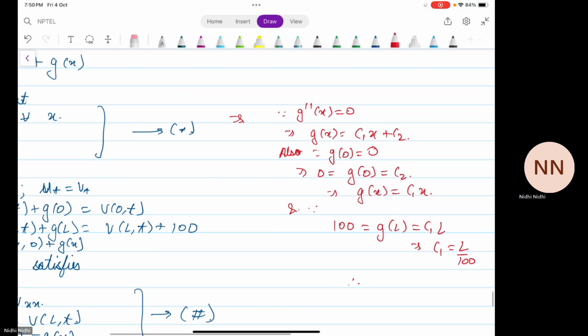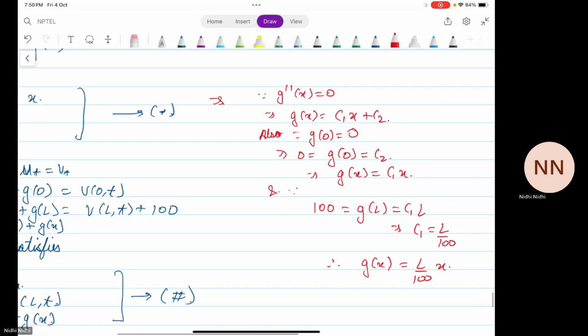Therefore, G(x) is 100 by L times x. So this is G(x).